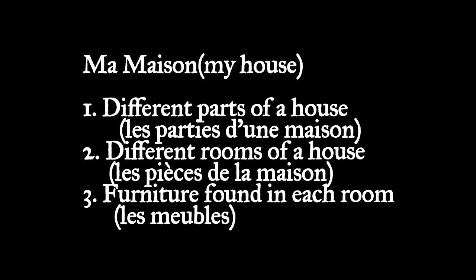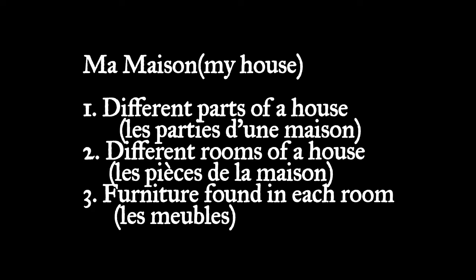For example, how we call the roof, le toit, the floor, le sol, the wall, le mur, the window, la fenêtre, the door, la porte, the chimney, la cheminée, the garden, le jardin, the stairs, les escaliers, and the balcony, le balcon. We did an exercise there and we marked.